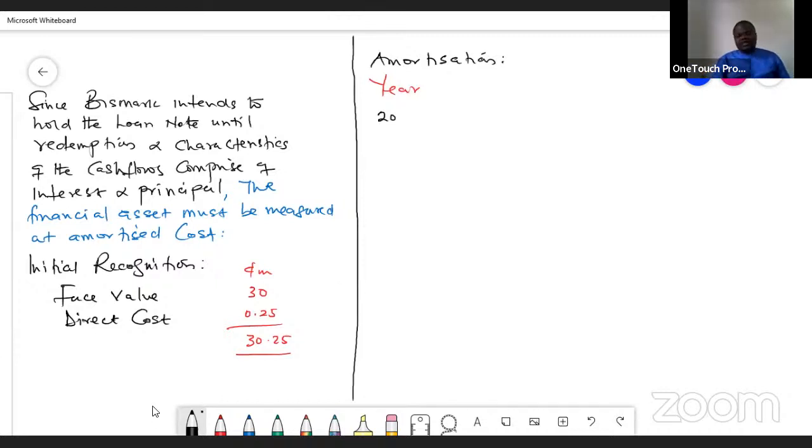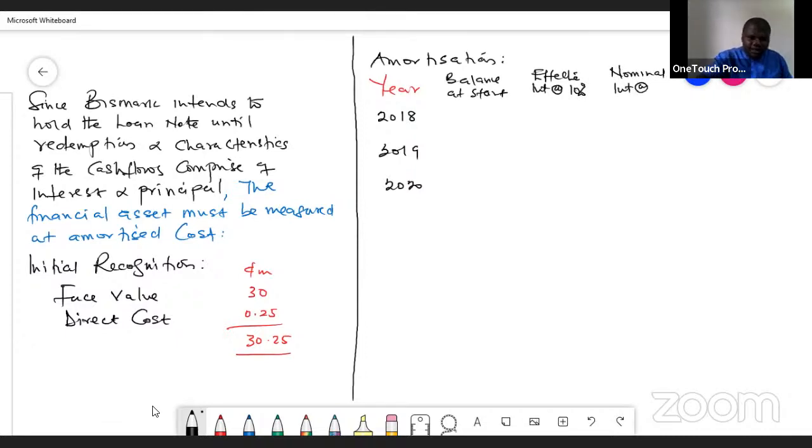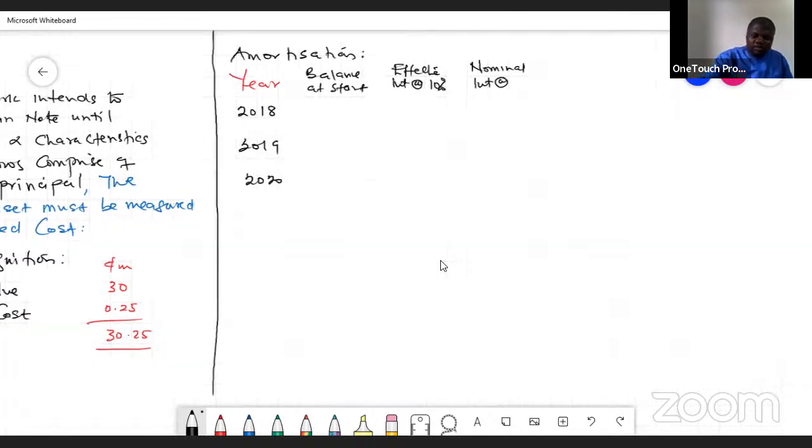They said we should do for only 1 year, but let me do the 3 years for you. 2018, 2019, 2020. Balance at start, effective interest at 10%, nominal interest. We don't know, but we know it's 1.5 million.